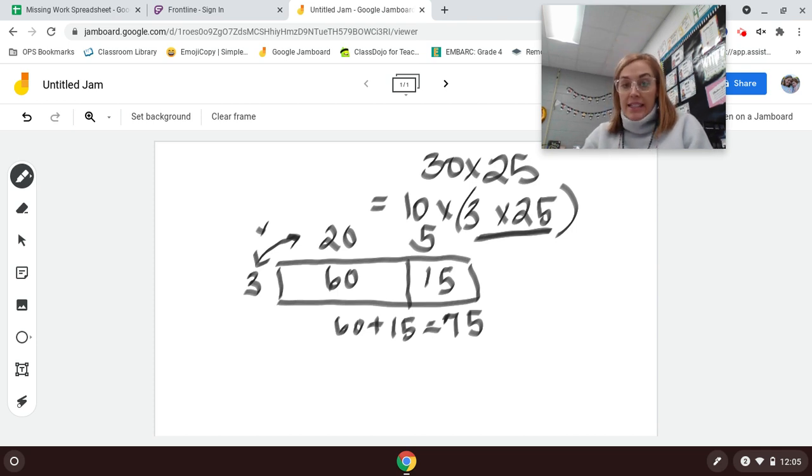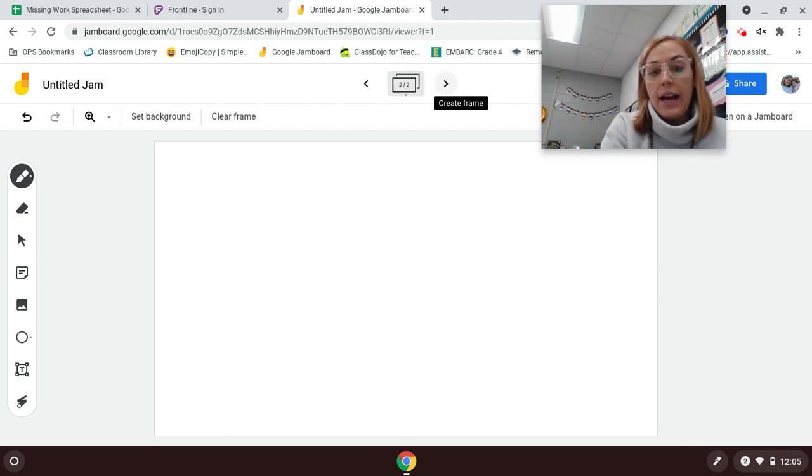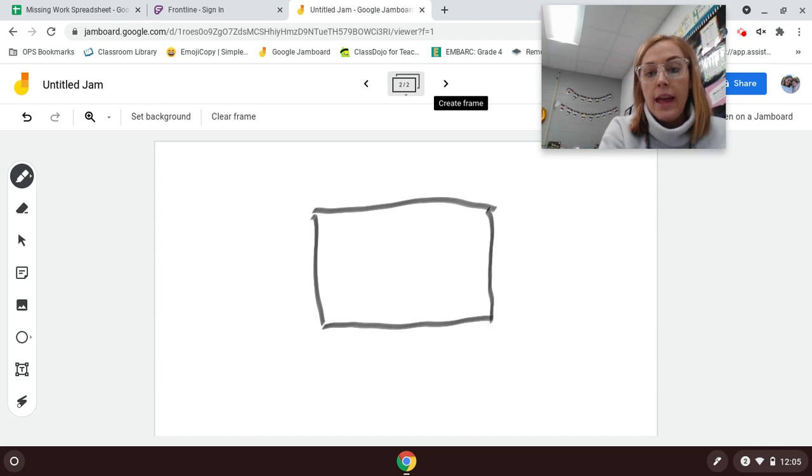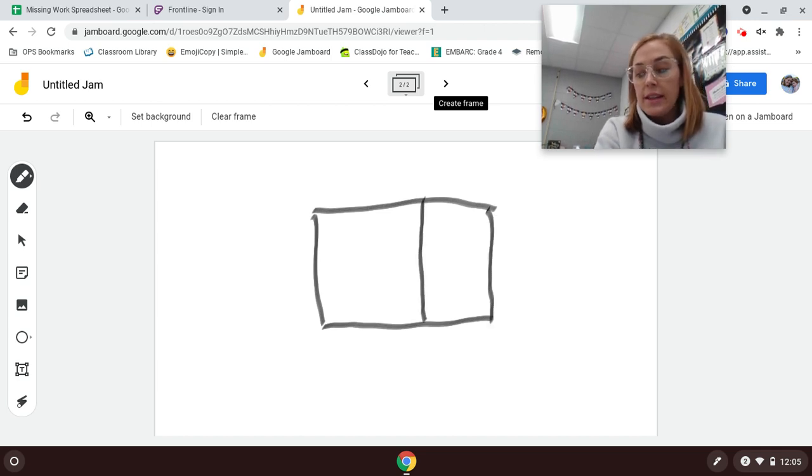So very good. The next thing I want to do, though, is show you how you could solve using an area model and the 2 digits, okay? So let's go here to this next slide. I'm going to redraw my area model. I'm still going to split it just like this. I'm going to have 20 and 5.